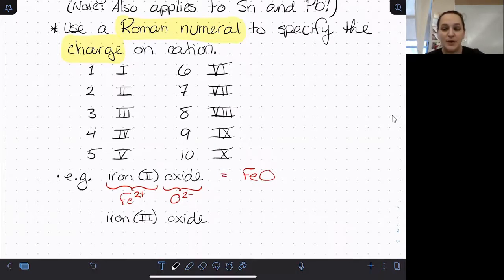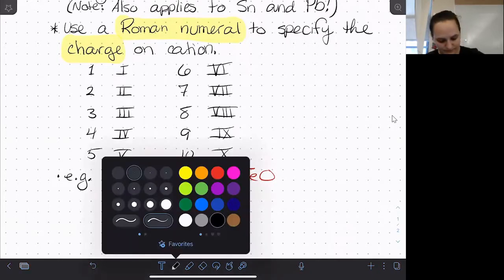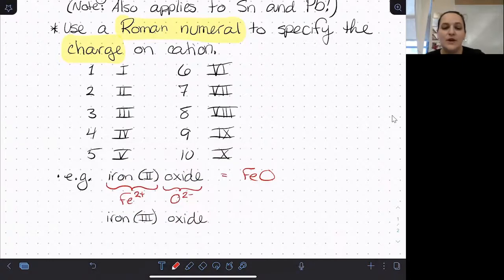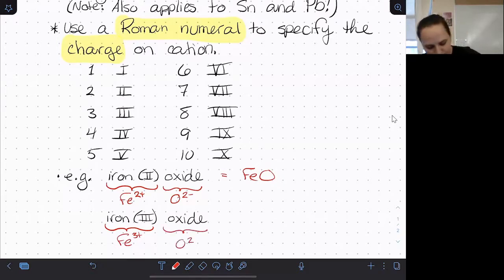So why don't you take a moment, pause here, and try to write the formula for iron 3 oxide on your own. So again, that Roman numeral is telling us the charge. So iron 3 is telling us that this is Fe3+. Oxide is still O2-.